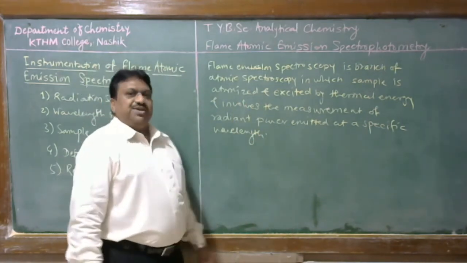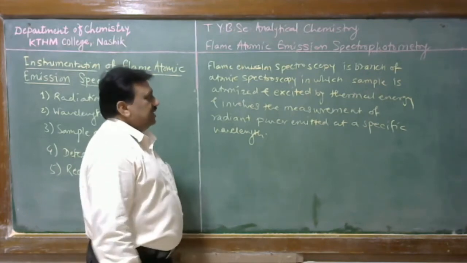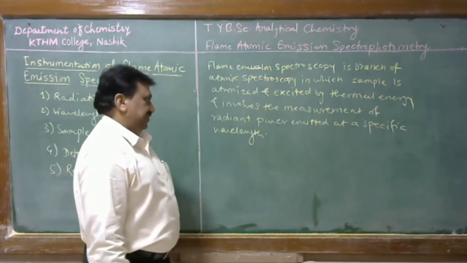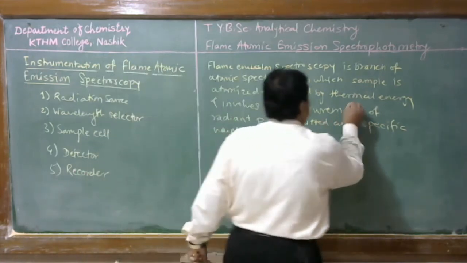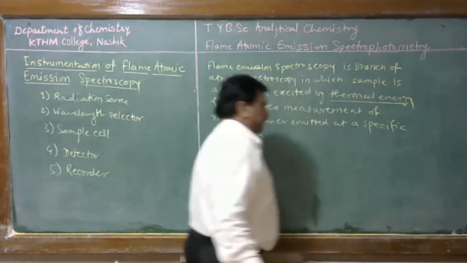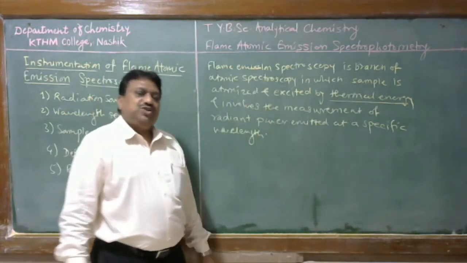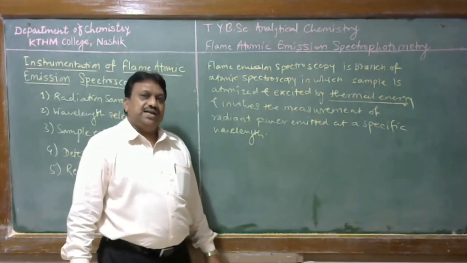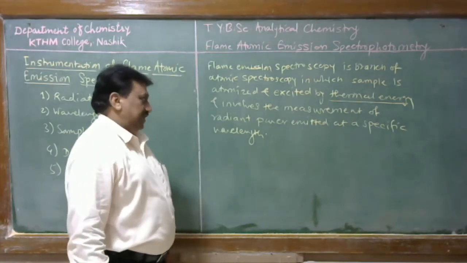In flame atomic emission spectroscopy, the sample is atomized and excited by thermal energy, and this thermal energy is provided by the flame. It involves the measurement of emission from the atoms when they de-excite in the flame.